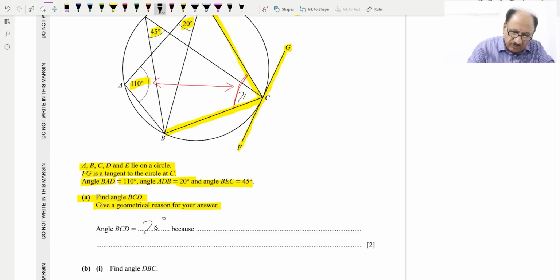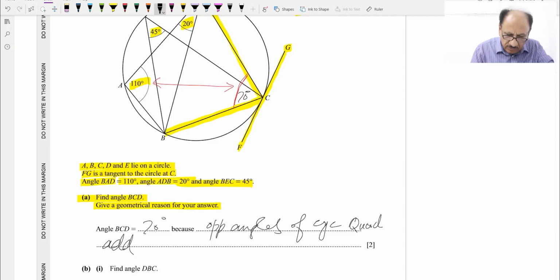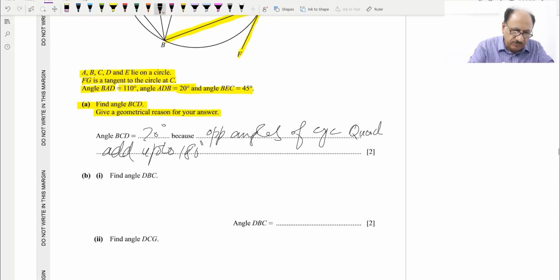This one is 70 degrees, and opposite angles of a cyclic quadrilateral add up to 180 degrees. That's all.